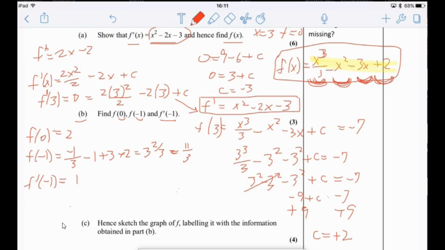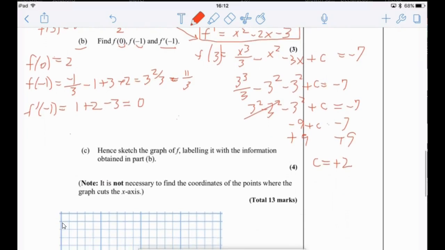We put negative 1 times negative 2, which is positive 2. And then we subtract 3, and then 1 plus 2 minus 3, of course, is 0. So f dashed at negative 1 is equal to 0, which means we've just found a critical point of the function. It's either going to be a maximum or a minimum.